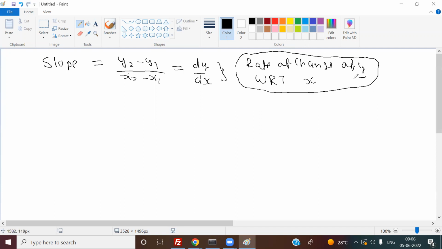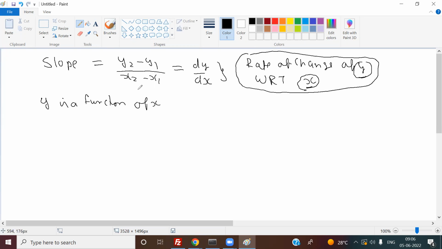Now, what is y and what is x? This is a very simple concept, and it will sink in your mind in data science. But let's start exploring what is y and what is x.